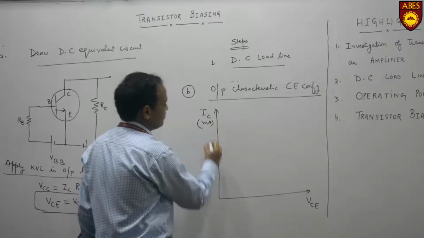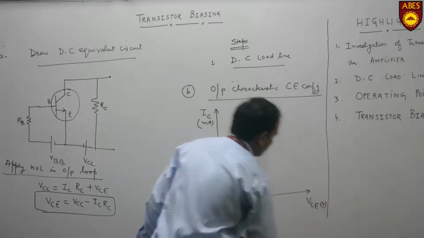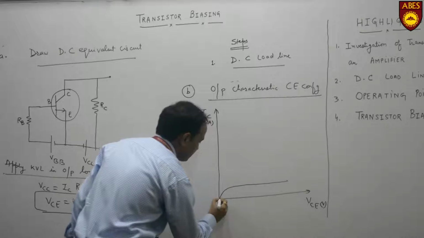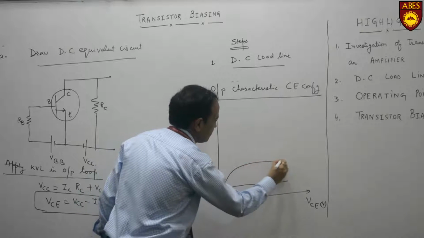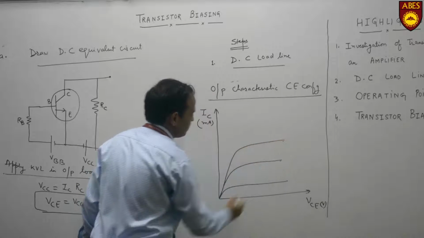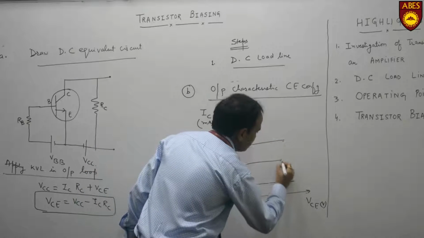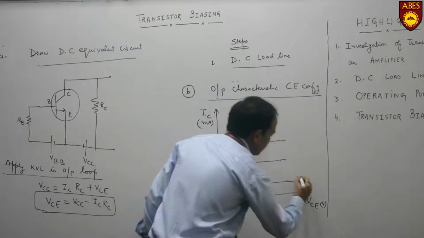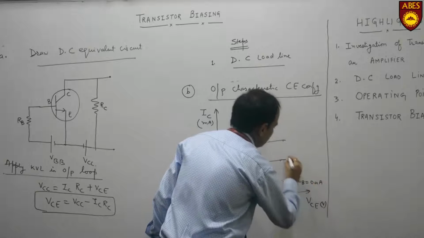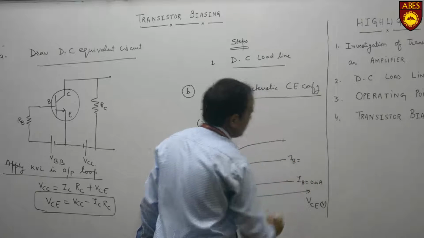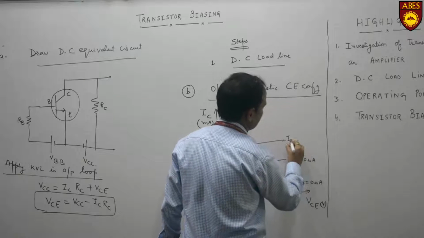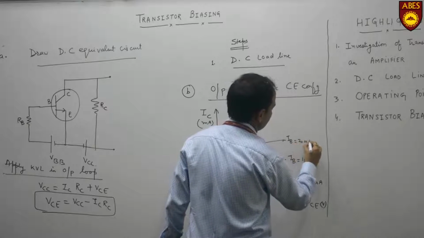Collector current is in milliamperes, this is in volts, for a constant value of base current. Let's say here we have IB equal to 0 microamperes, 10 microamperes, 20 microamperes.